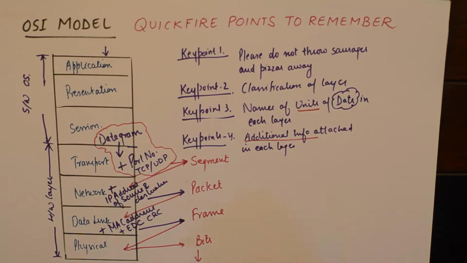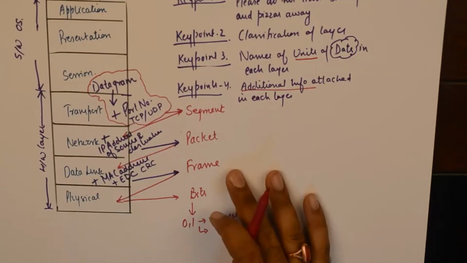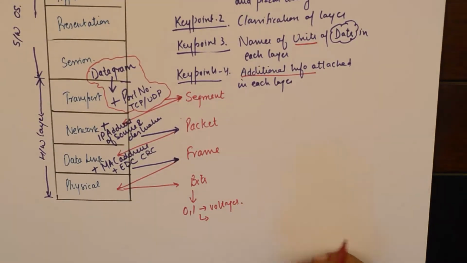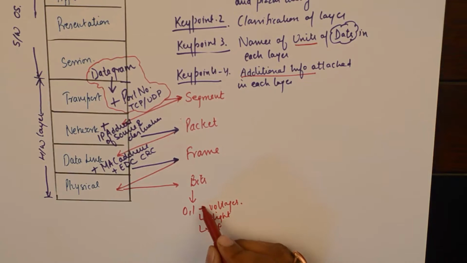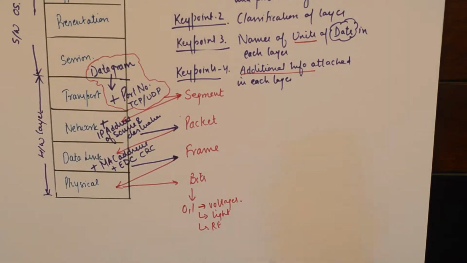So the bits are generated out of the system as zeros and ones, either in terms of voltages or in terms of light, or in terms of RF in the case of wireless communication.